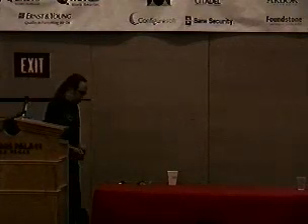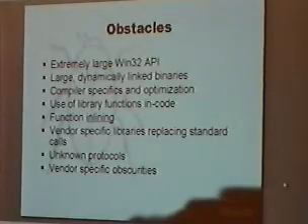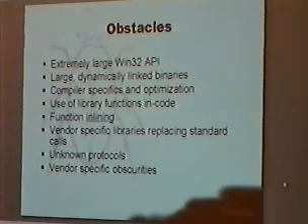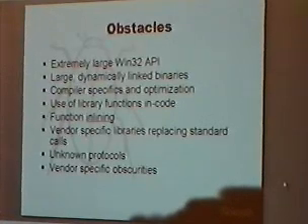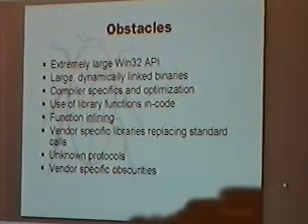So what obstacles are we facing? The Win32 API is extremely large. If you ever installed MSDN somewhere, you know that you need a certain amount of hard disk space. We have fairly large binaries. Compared to Unix systems, the binaries on Windows tend to be really big.